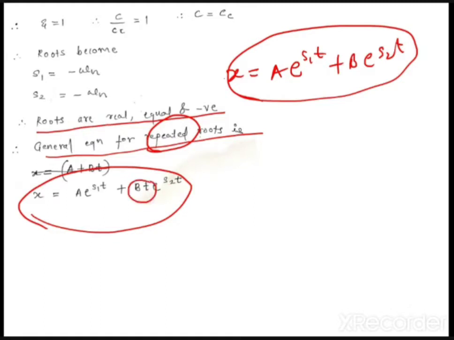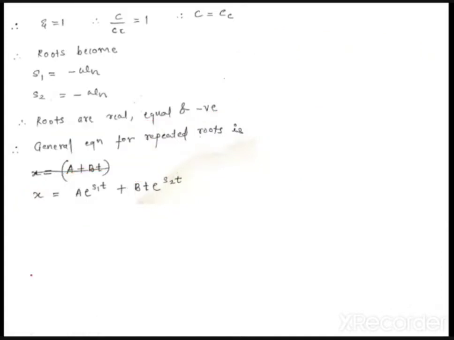So here the extra addition is b into t. Why? Because the roots are repeated. I hope you have understood why I have changed the general solution. Is it clear, all of you? Otherwise, if you use the general solution that you used for the overdamped system, it is wrong because here the roots are repeated.